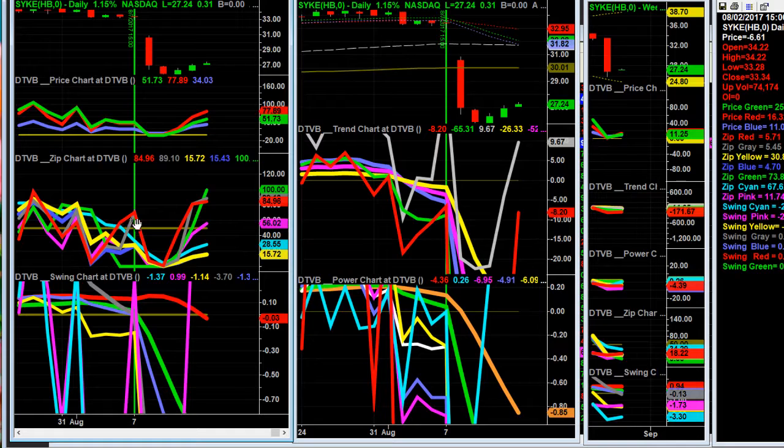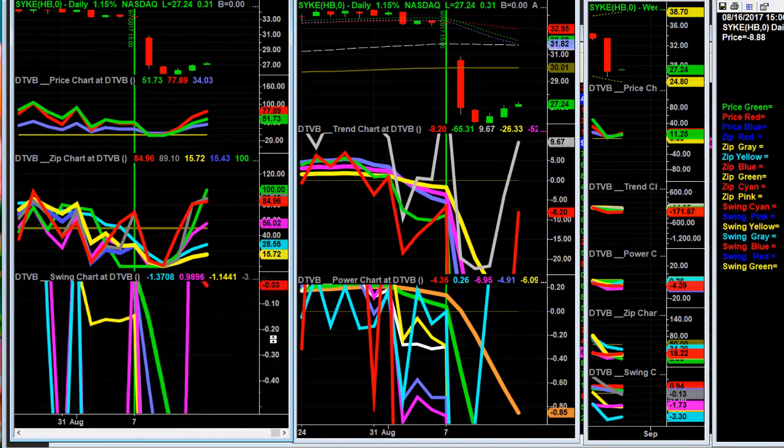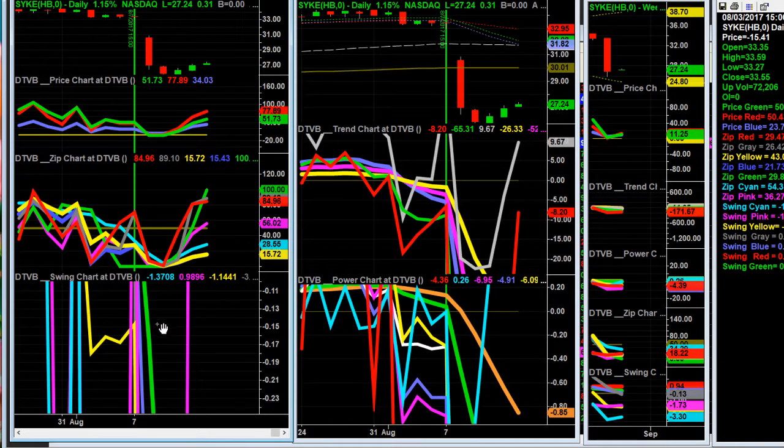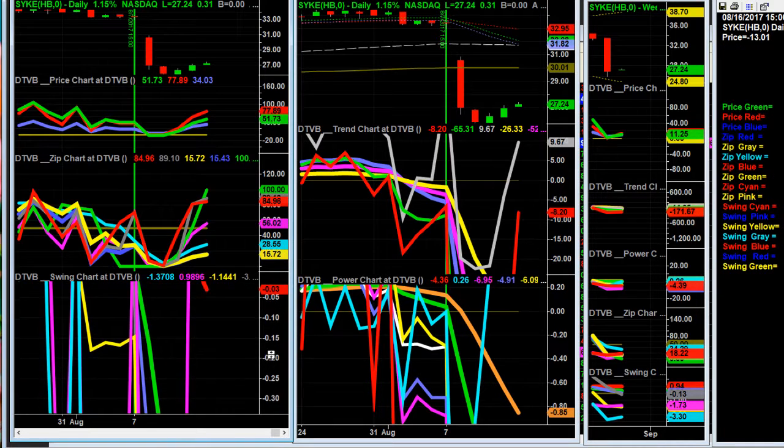But you get a low angle up in your zip red. You've got a pattern like this in swing yellow. In other words, you've got a BOC higher pattern, and that's indicative of a stronger push up. But again, it's hard to imagine that when you're dealing with a candle that looks like that. You just have to think it through.